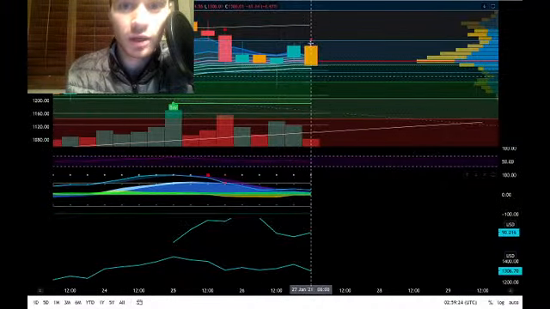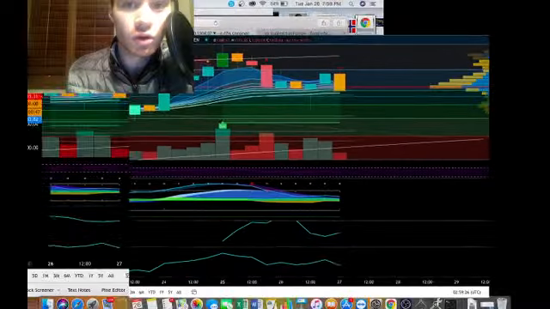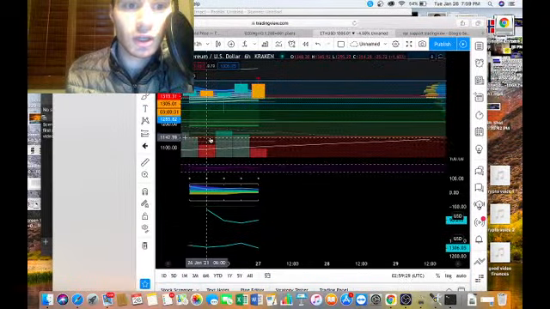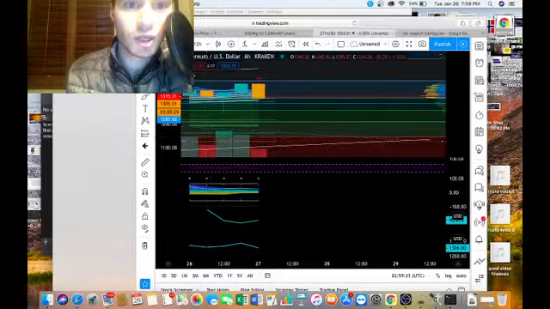DXY is pumping, and I don't think that's correlated though. Yeah, you're getting a pretty decent dump on the lower time frames.